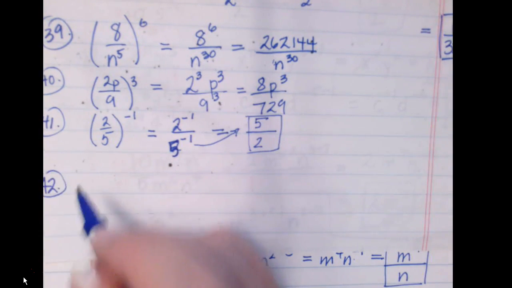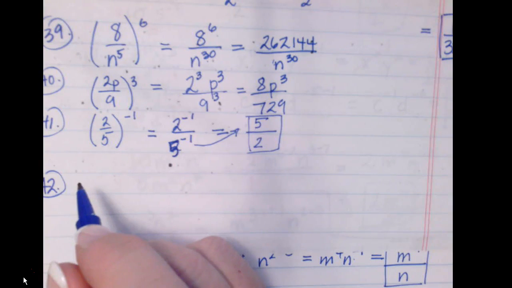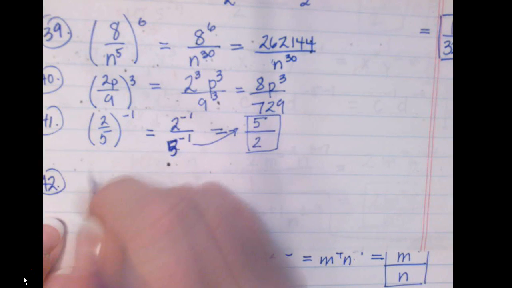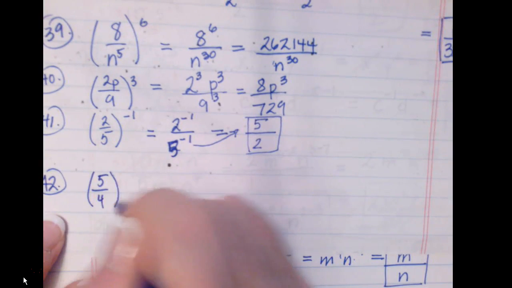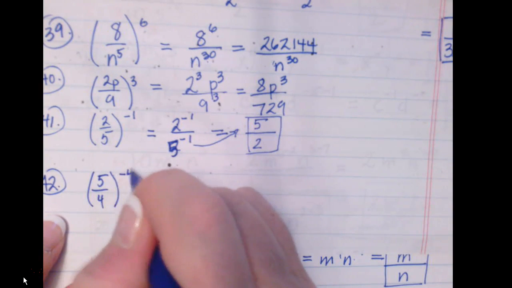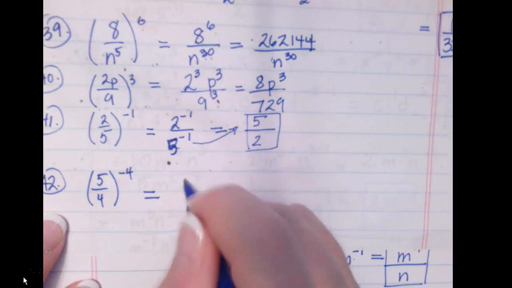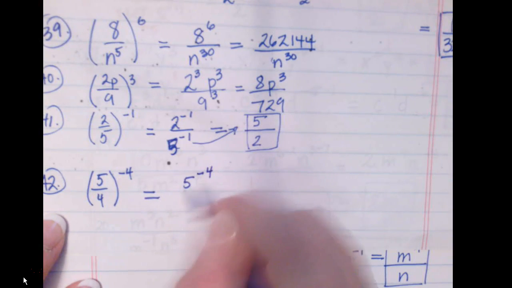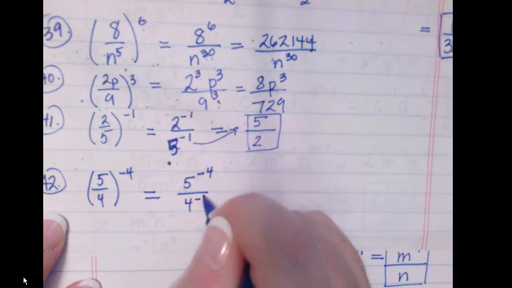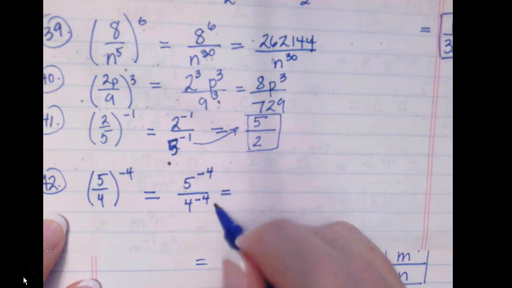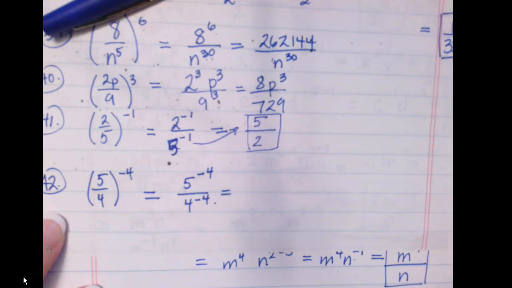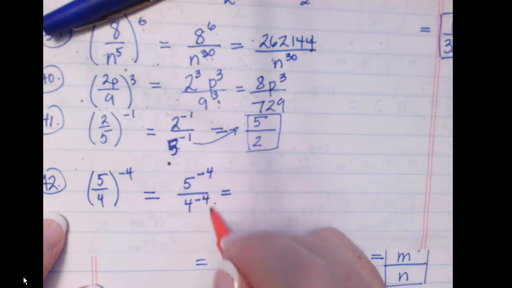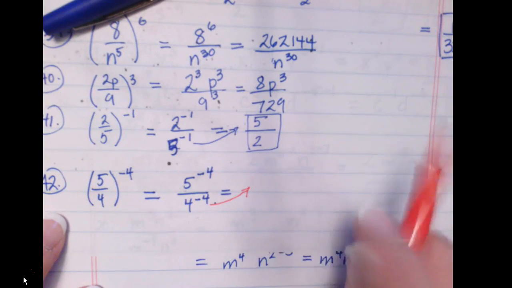And last one, number 42, is probably pretty similar. I've got 5/4 all to the negative 4th power. So I'm going to first distribute my power. Then I'm going to deal with the negative exponents, moving 4 to the negative 4th.